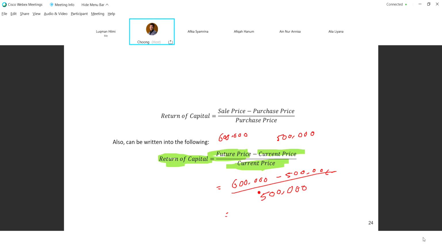You get 100,000 divided by 500,000. Get 20%, right? Yeah, 20%. Your rate of return is 0.2. For example, in this case.